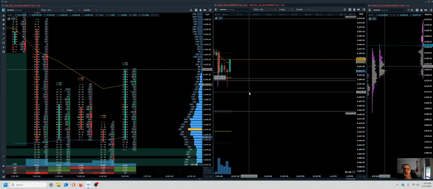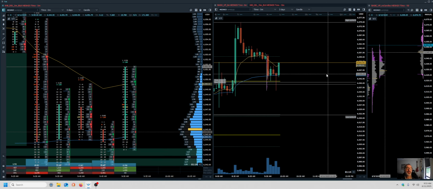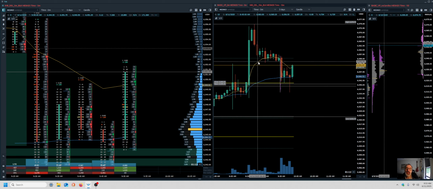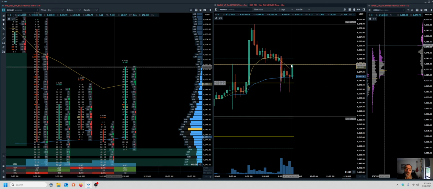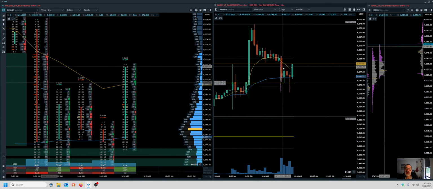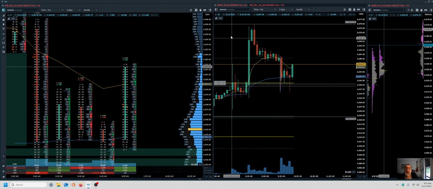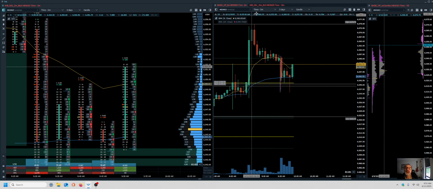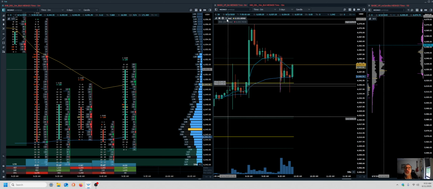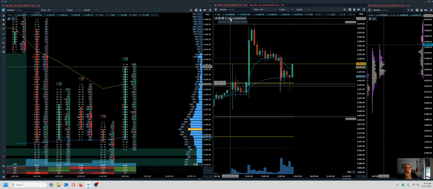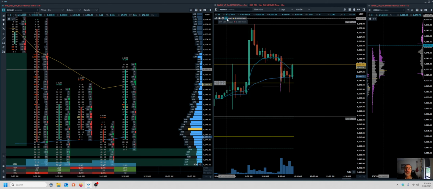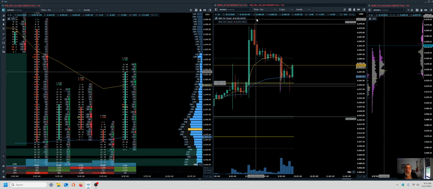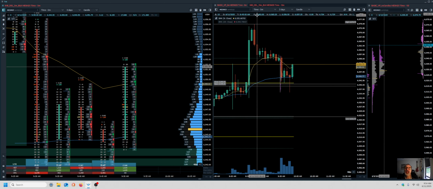Now, the thing also with that they don't tell you in the books, when you look at moving averages, it's the average of whatever number you have. So if you're in 5 minutes, and this is a 9 EMA, for every 5-minute candle we're looking times 9, since this is a 9 EMA, 45 minutes.